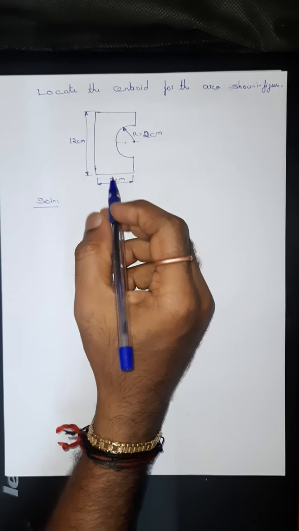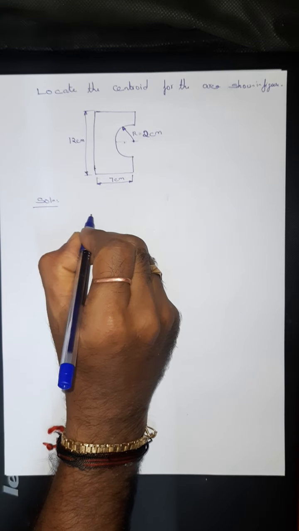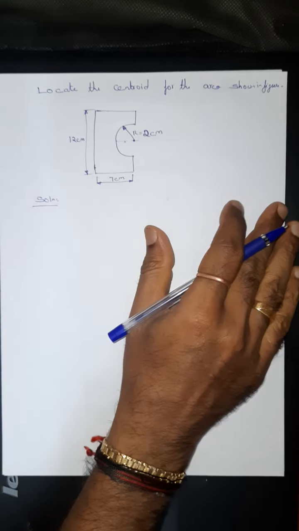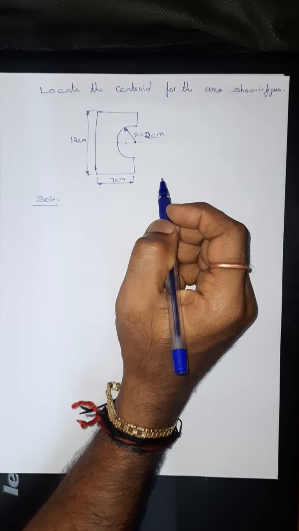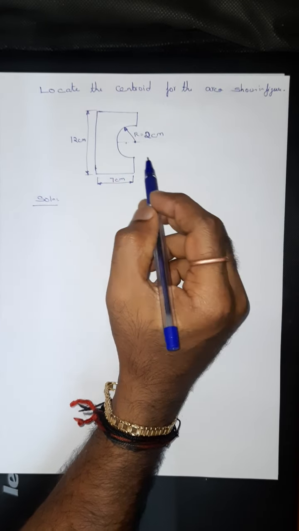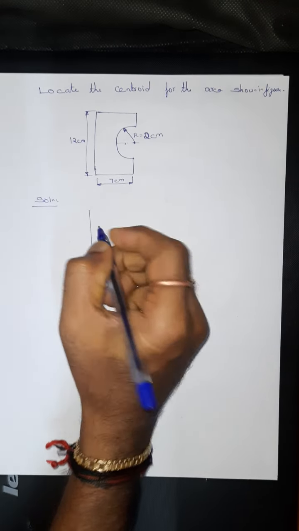I'm going to consider this as two portions, right? So first, let me just consider. We know the simple section formulas, right? Within those sections only, we'll have to solve this problem. So first, let me just draw this diagram.